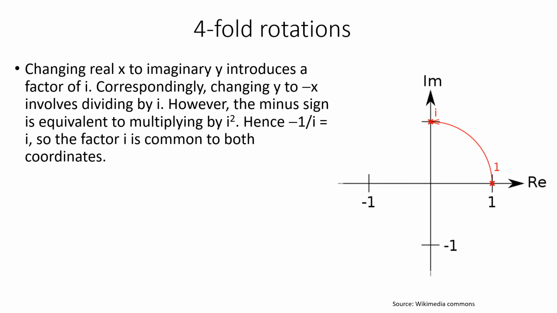So changing y to minus x, we can consider it as multiplying by i squared to make it negative and dividing by i to reflect the fact that we're going from the imaginary axis into the real axis. Combining those together, i squared over i is equivalent to multiplying by i, which is just what we got when we rotated the x-axis by 90 degrees. So that shows there's this common factor i that we get in rotating the coordinates.